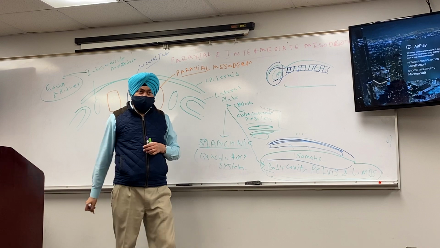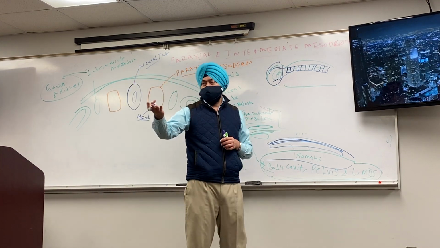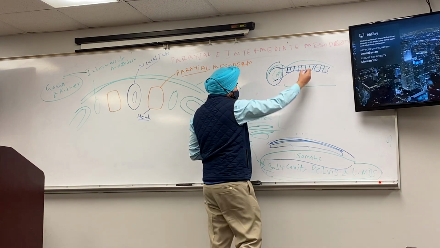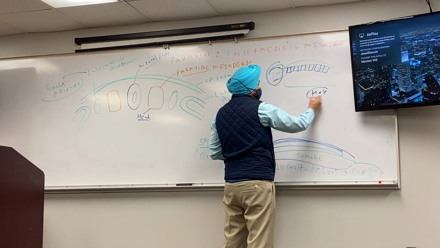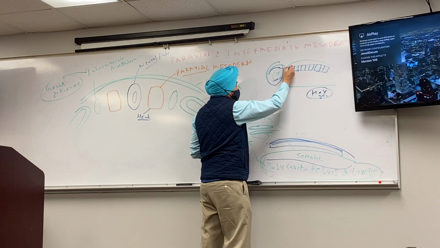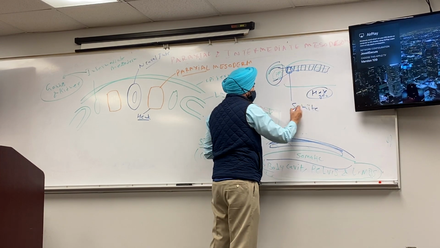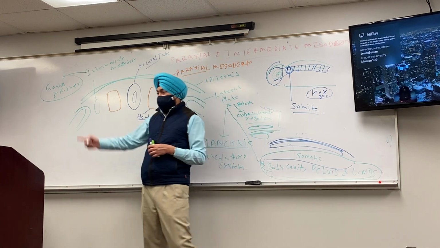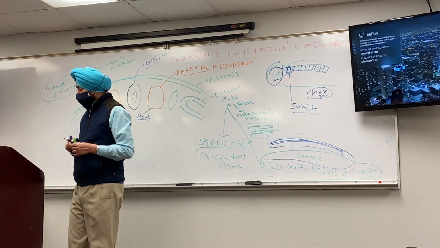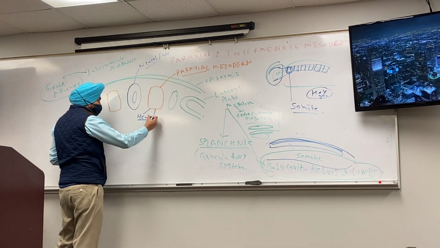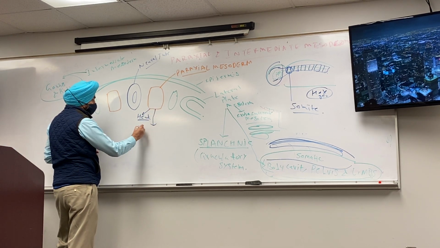And this segmentation of mesoderm is by what kind of genes did we talk about? Hox genes. So this segmentation is caused by Hox genes, and each of these segments will be called a somite. So each segment of the mesoderm will be called a somite. Then it is going to give you head, and it is going to give you somites.